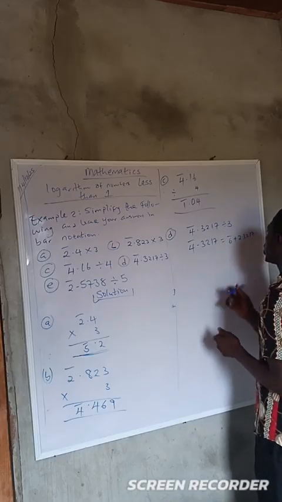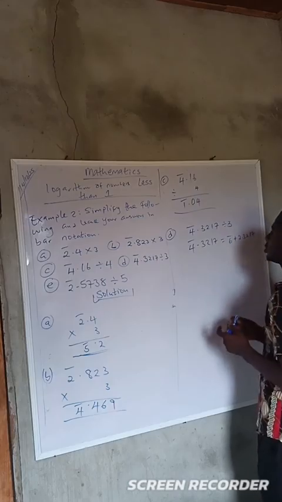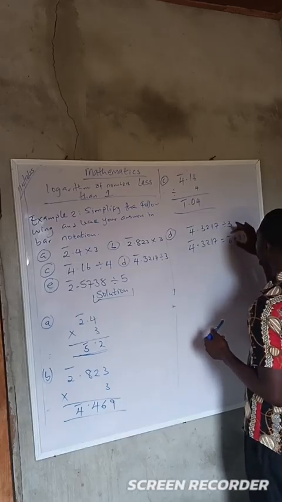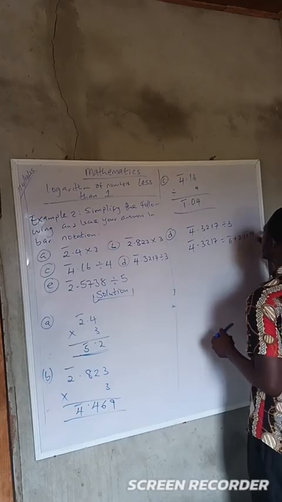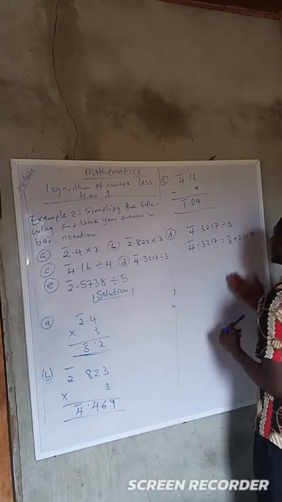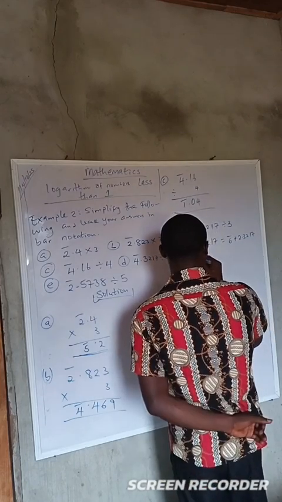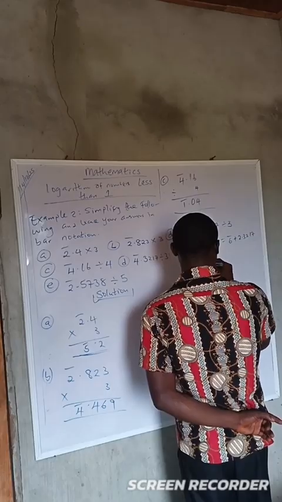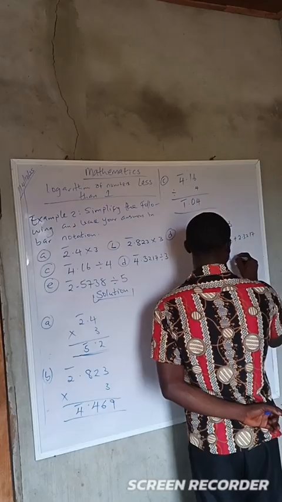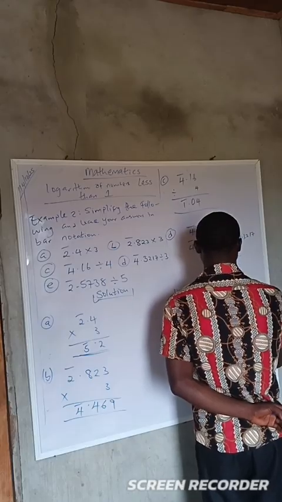This is now what we are going to divide by 3. I hope it's clear. This is going to be bar 6 plus 2 plus 0.3217, and that 2 plus 0.3217 is exactly the same thing as 2.3217. So we can say this is the same thing as bar 6 plus 2.3217 divided by 3.